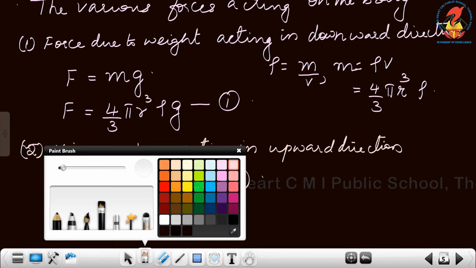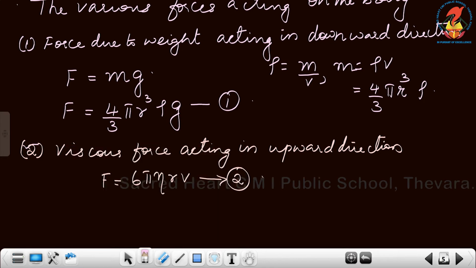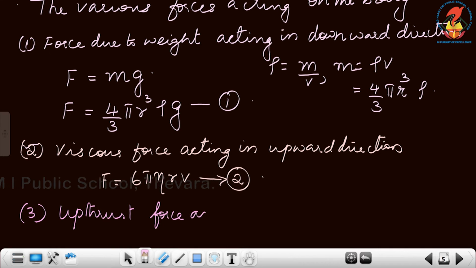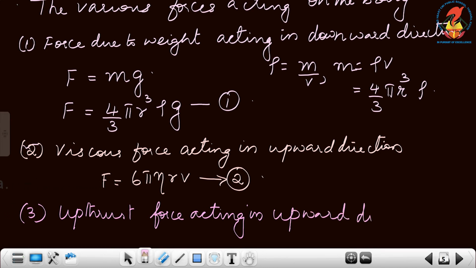Now the third force which is acting on the body is upthrust. It's also known as the buoyant force, acting in which direction? In the upward direction. We have studied in 9th standard that whenever a body is immersed in a liquid, it experiences an upward force known as the buoyant force.